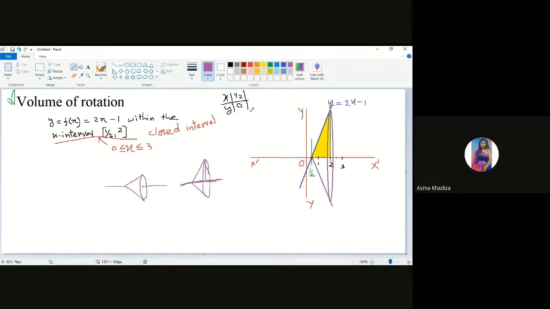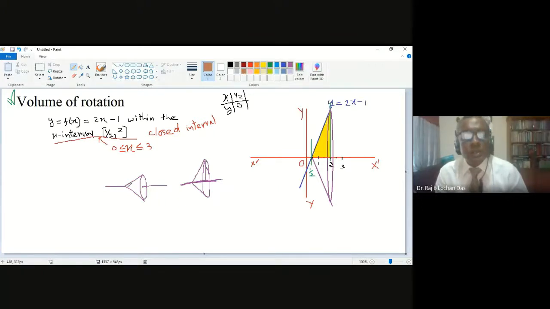Yes, sir. So what I actually mean, originally you had one triangle shape figure, and that figure is now rotated like this, taking the x-axis as the fixed line, that is the pivoting line, and the three-dimensional figure is coming.